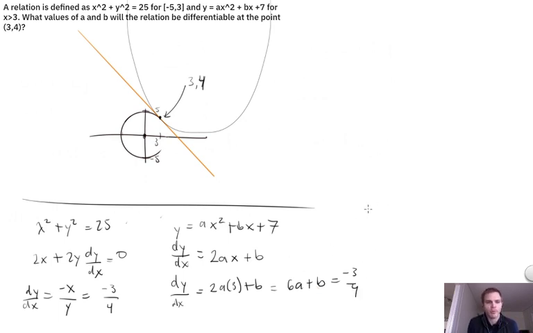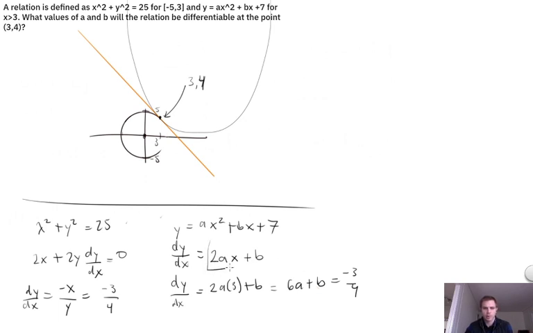So, all right, so this will give us, we need to convert this into, so this is a line, and it needs to have the slope negative 3/4.